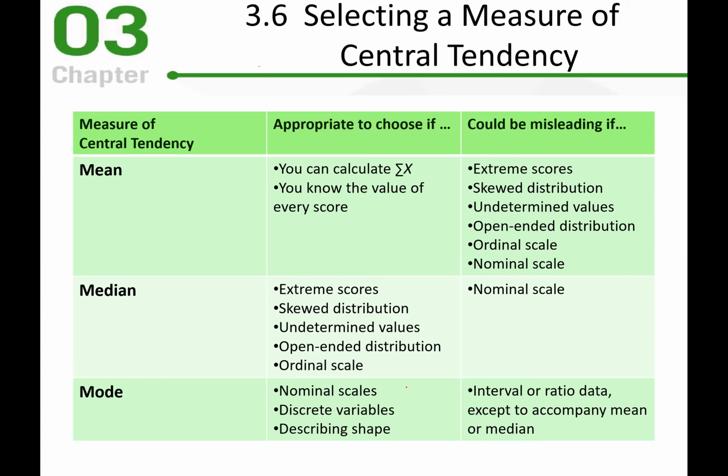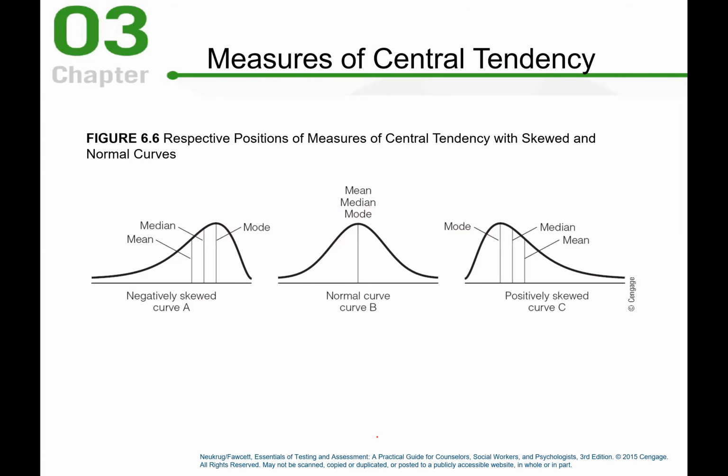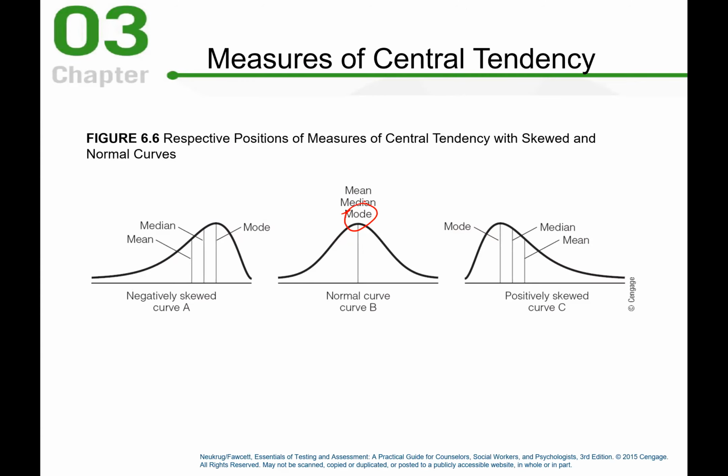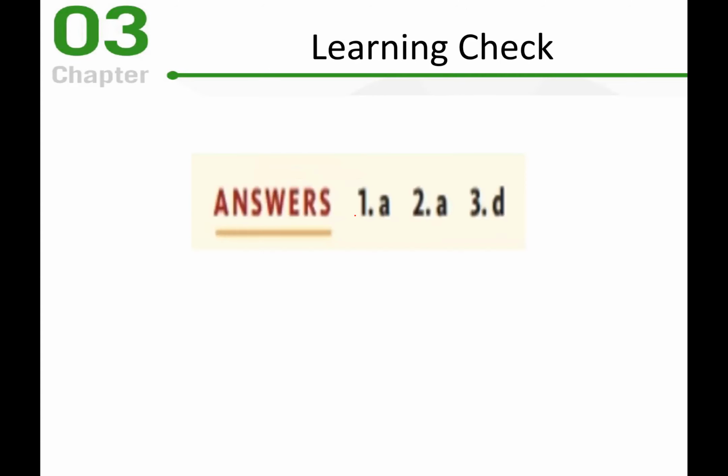So why is it appropriate to use the mode for describing shape? Because the mode gives you the idea of where the peak of the distribution is. If we go back to a distribution, the mode tells you where this peak is, what is the most frequent. So that can give you a good idea of what the distribution looks like.